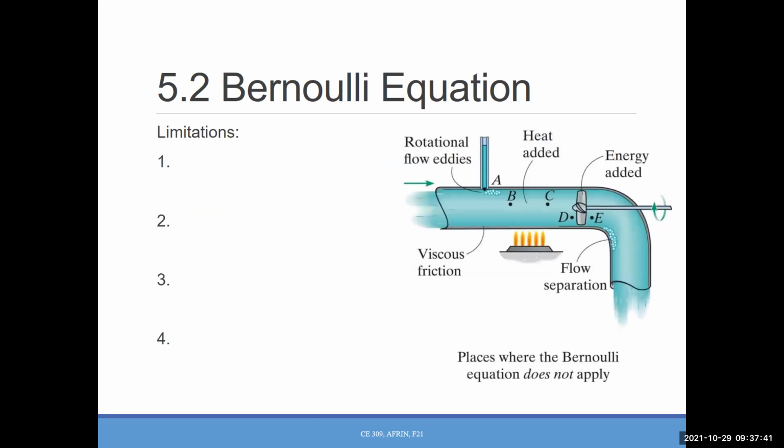The very first limitation will be what? Temperature or heat. Yeah, that can be. That means there shouldn't be any energy added or taken out of the system, right? I listed that as number 4, but I will add that here as number 1.